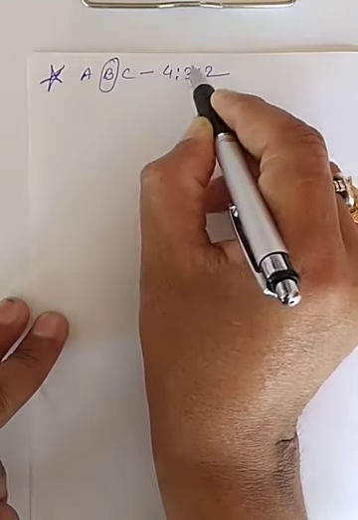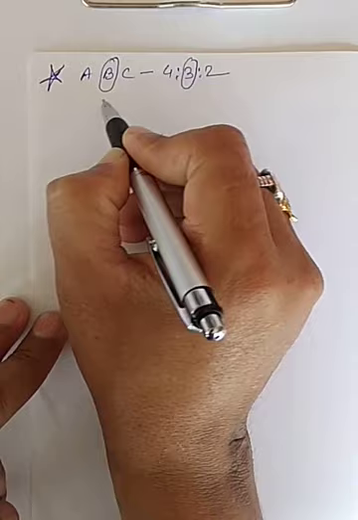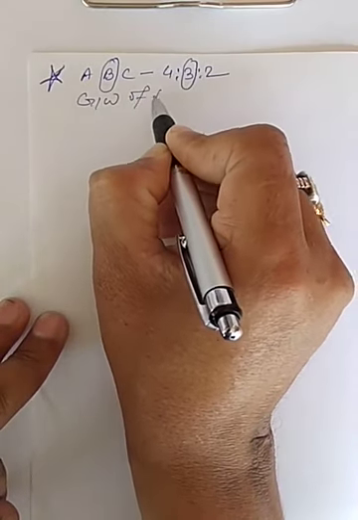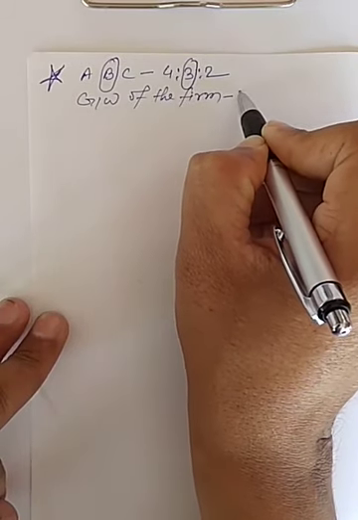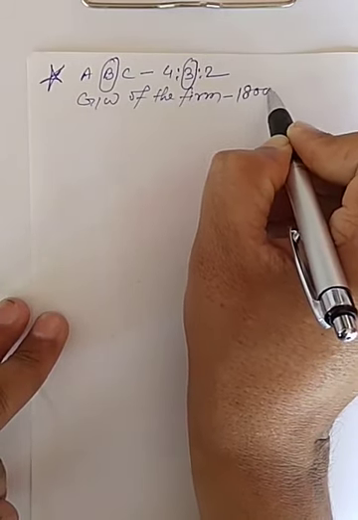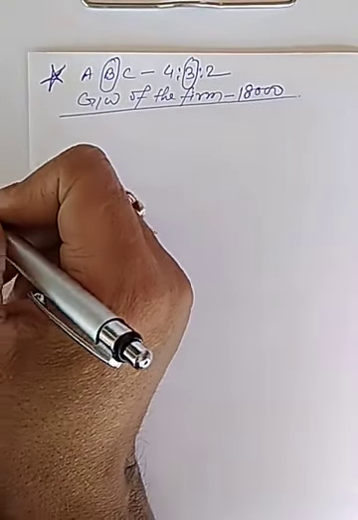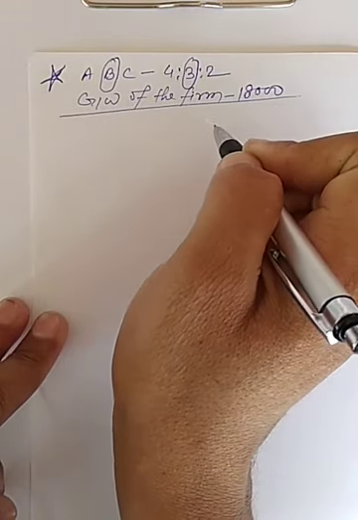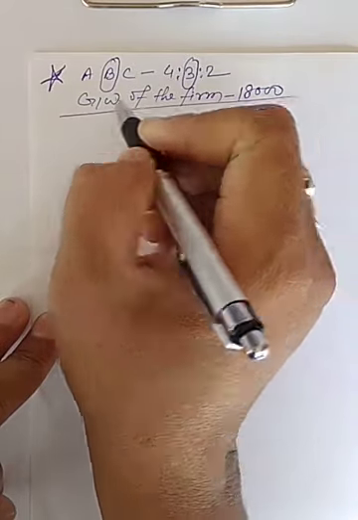B retires from the firm and goodwill of the firm is valued at 18,000. Pass journal entry for the treatment of goodwill on B's retirement.